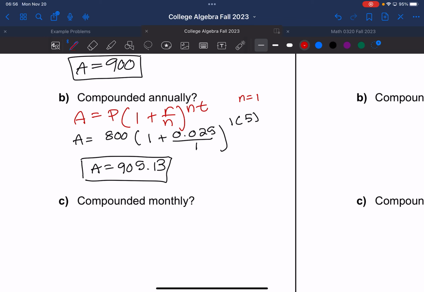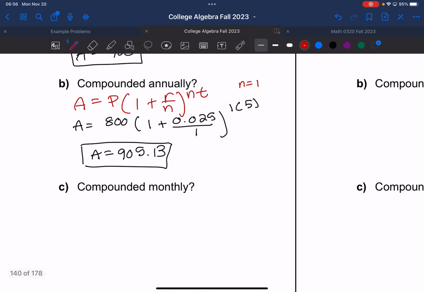Okay, next one, compounded monthly. Again, we're using that same formula as above because it's still the compounded formula. But in this case, N is going to be what? How many months are in a year? 12. So we're plugging in all our same numbers except N is now 12.